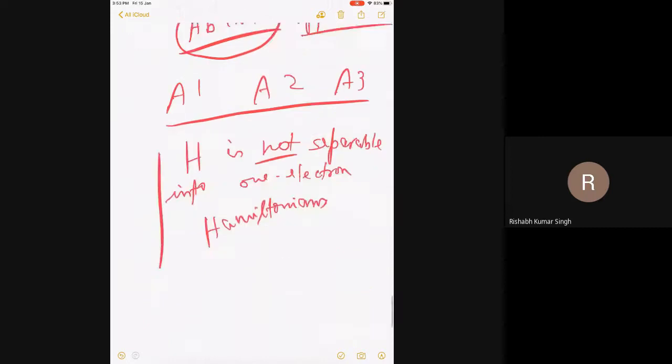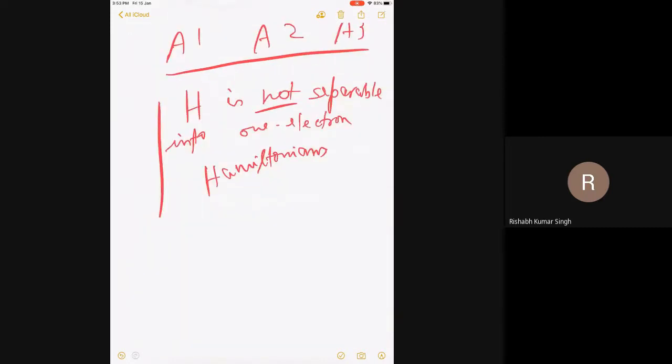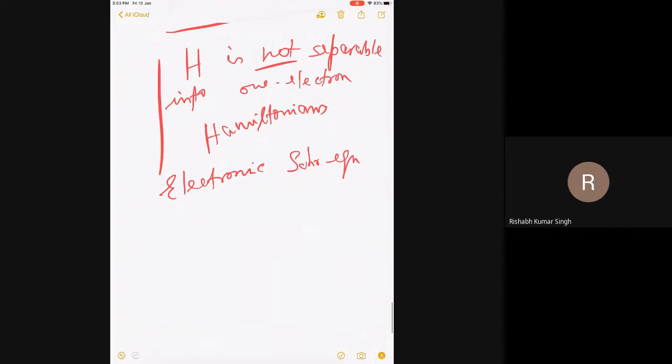There are a few important things we want to say. Our course is on the electronic Schrodinger equation, in the Born-Oppenheimer approximation, which we have discussed.